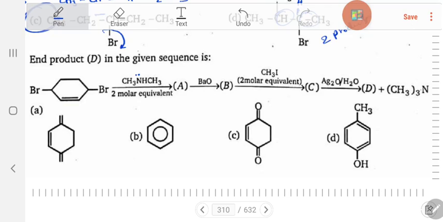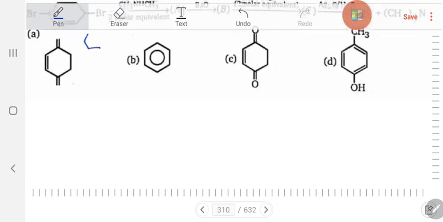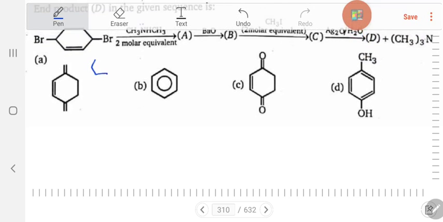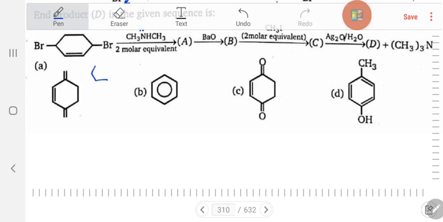So the product will be... the nitrogen donates its lone pair here, and this Br is lost.